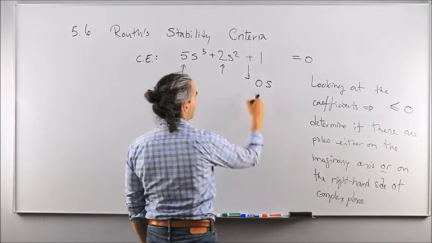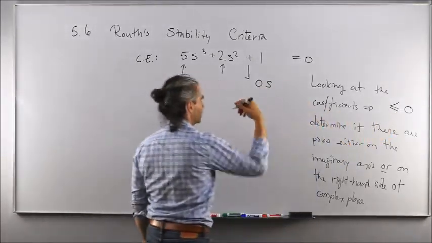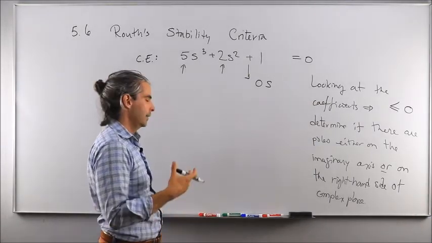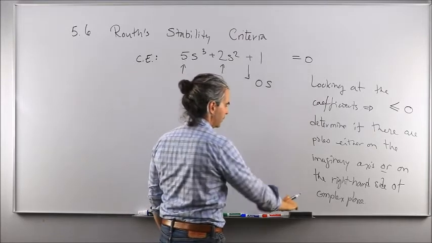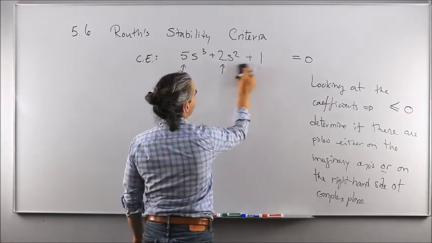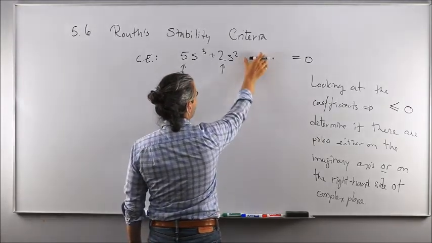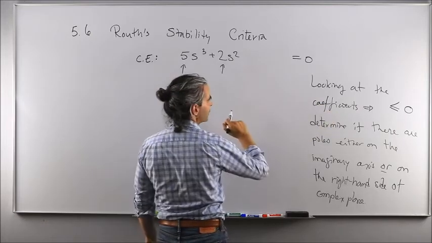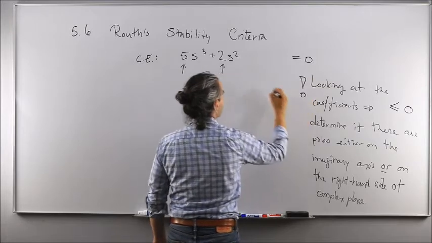And therefore, there is a coefficient equal to 0, and you can draw the same conclusion. There is something wrong, and therefore there are either poles on the imaginary axis or on the right-hand side. So either missing coefficients altogether, meaning that they're equal to 0, or negative coefficients is an indication that there's something wrong. Okay?